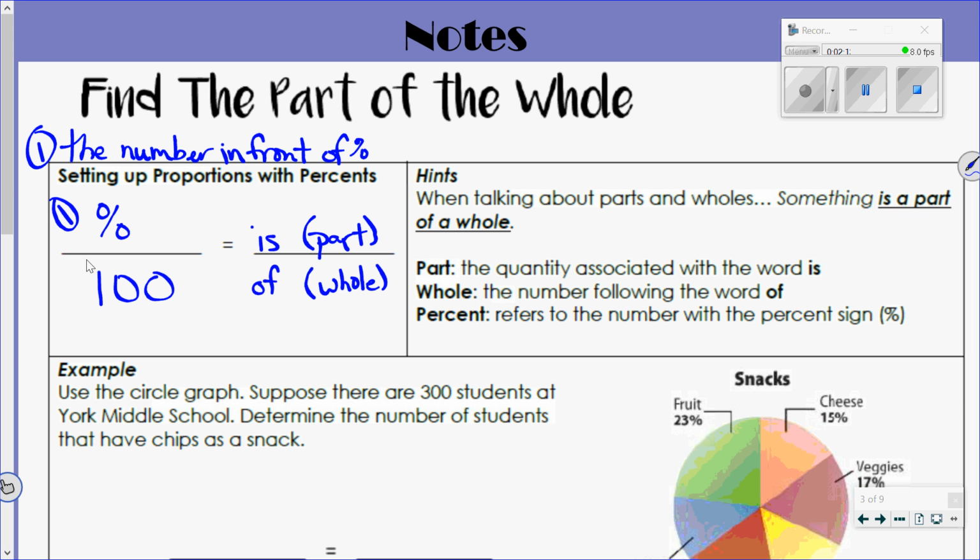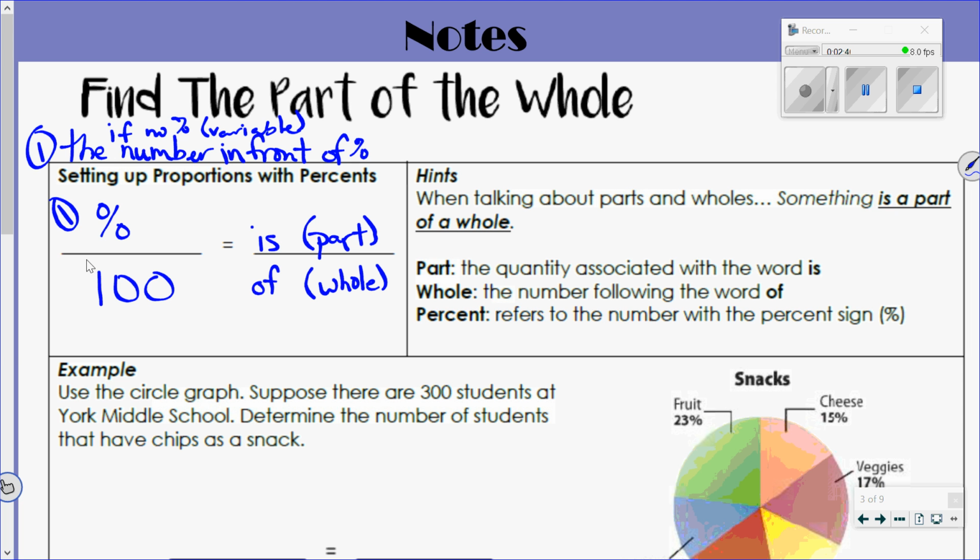The second thing, and actually as a side note, if they don't give me the percent, guess what's going to go there? What did I put for something that I don't know? Devin? X or Y, or any variable. Excellent. That's the word I was looking for, a variable. So if no percent, it's a variable.